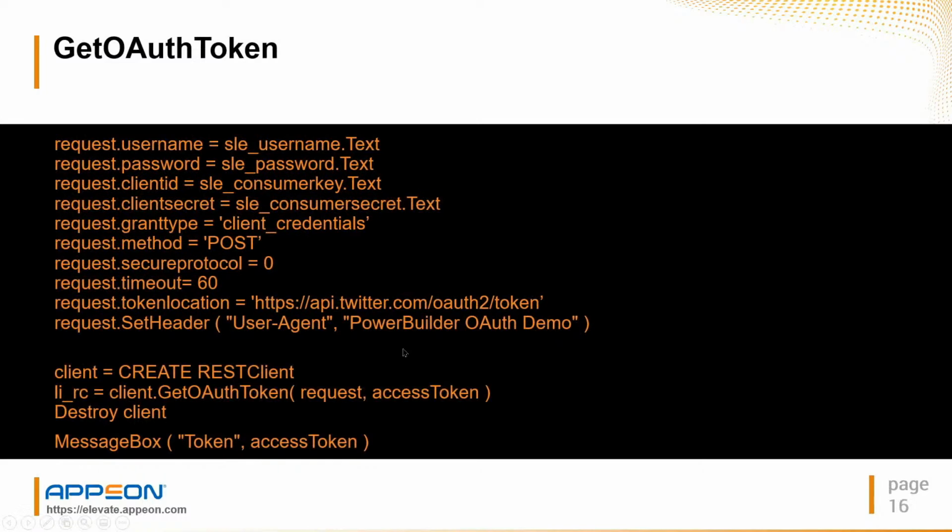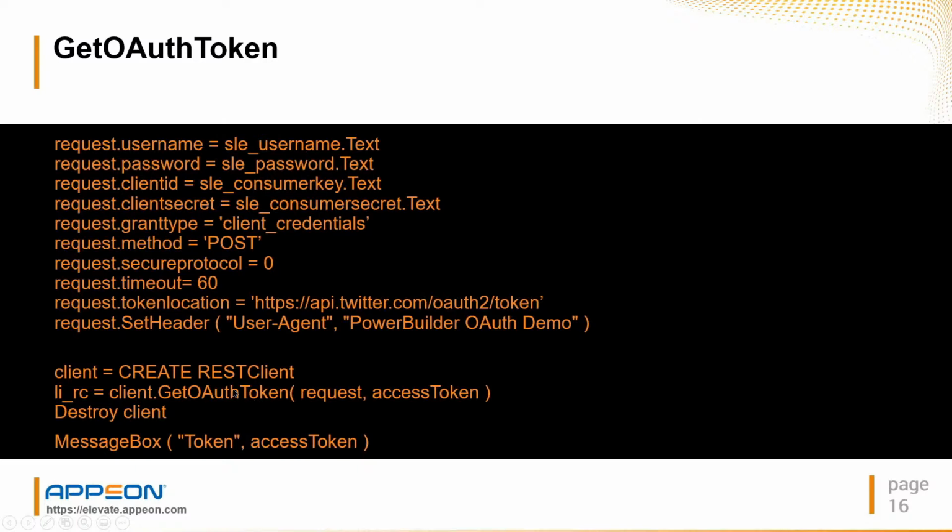So this is an example of doing that using Twitter. This is the URL that Twitter gives you so that you can request an OAuth token. I found that if I didn't put in some kind of user agent, Twitter would actually block the request, so that's why I've added that down there.